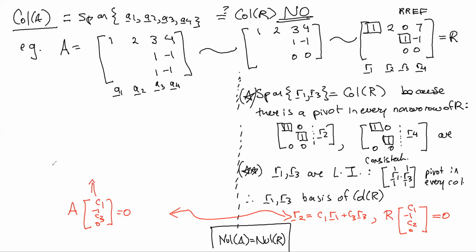If I write down what this says, it says that A2 is the same linear combination of the corresponding columns of A. This is actually quite a subtle thing. I use this fact to move linear combinations from the R world to the A world.